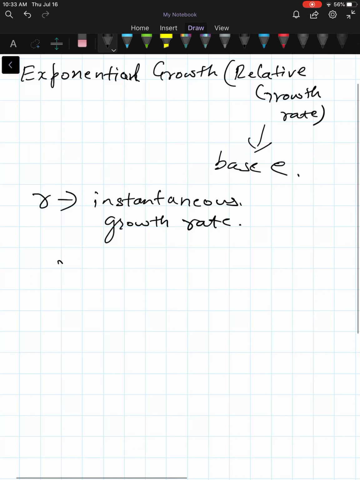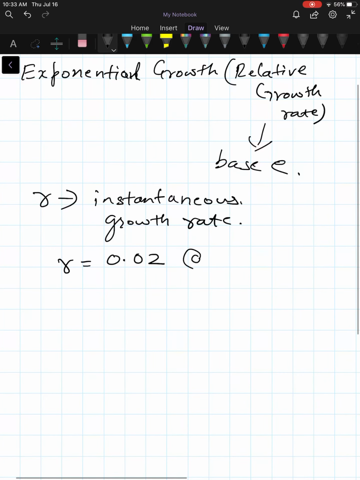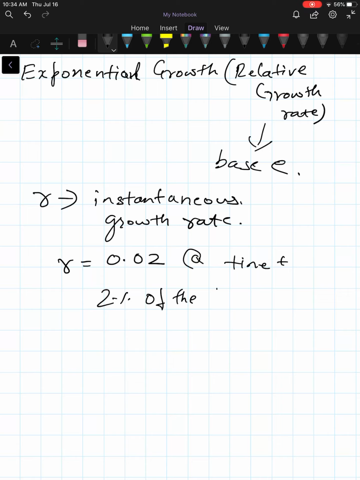For example, if we have r equal to 0.02, then at any time t, the growth rate is 2% of the population at time t.